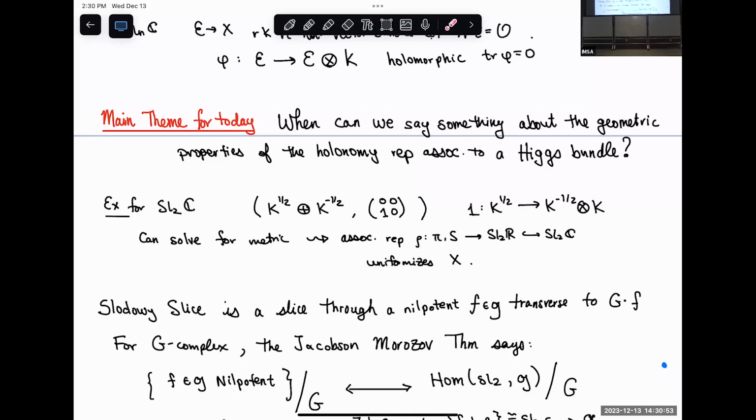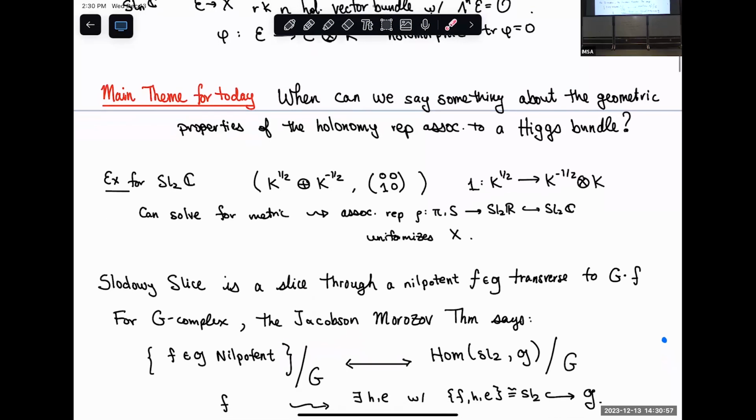For the moment, the Jacobson-Morozov theorem says that the set of conjugacy classes of nilpotent elements in the Lie algebra is in bijective correspondence with the space of conjugacy classes of homomorphisms from SL2 into the Lie algebra. These homomorphisms are either the zero map or injective. So we can really think of them as SL2C subalgebras.